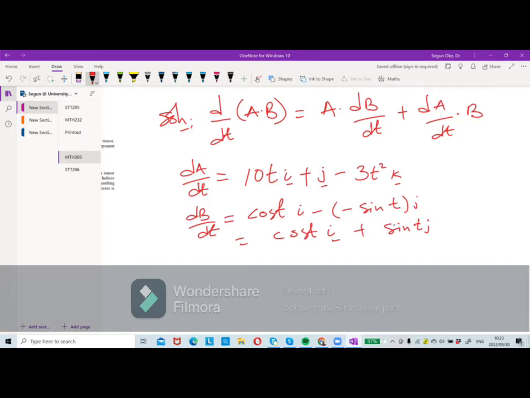We know our A, so let's substitute it now. Let's call this equation 1.